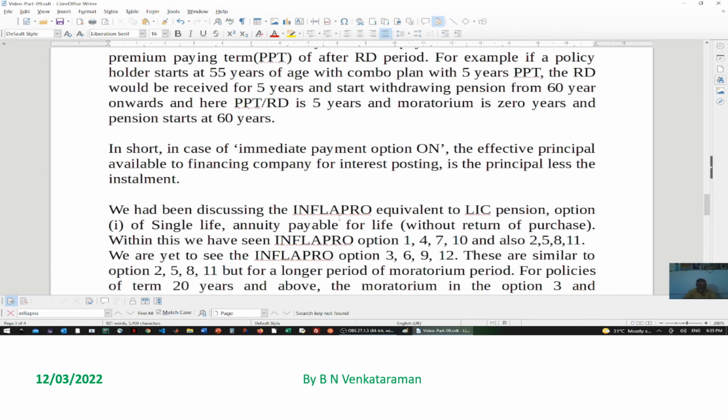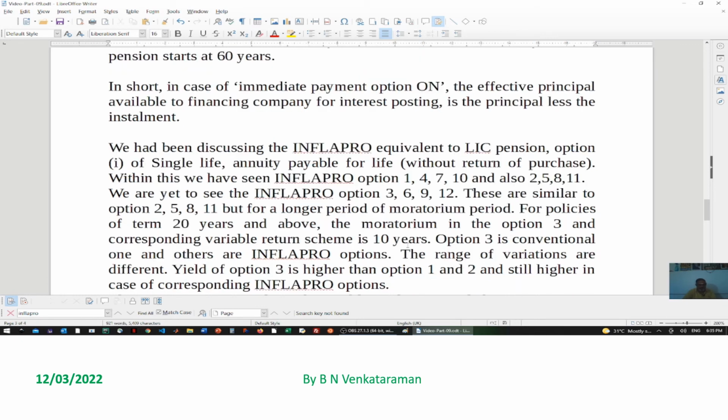We had been discussing the INFLAPRO equivalent to LIC pension option 1 of single life annuity payable for life without return of purchase price. Within this, we have seen INFLAPRO options 1, 4, 7, 10 and also 2, 5, 8, 11. We are yet to see INFLAPRO options 3, 6, 9 and 12.